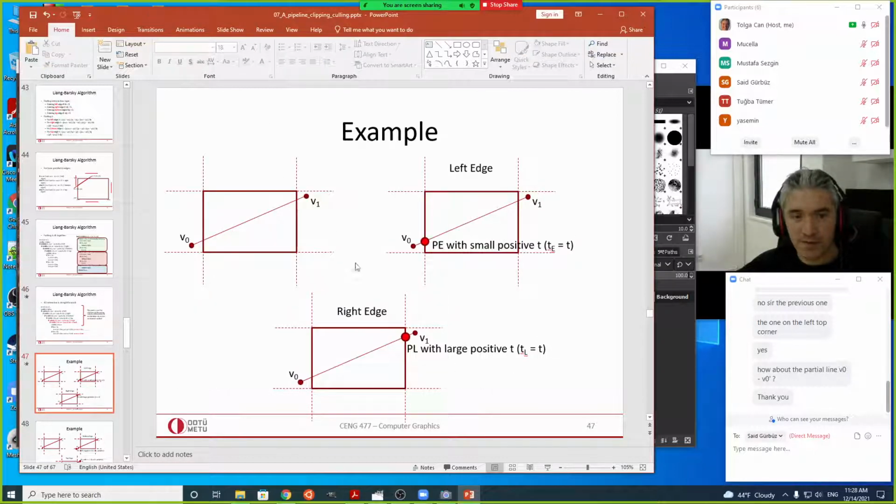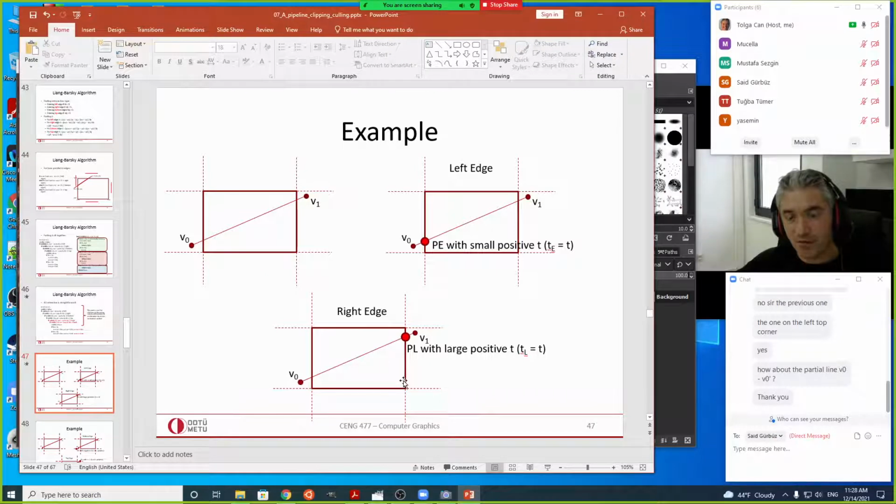And here is an example of the Liang-Barsky algorithm, V0, V1. So we start with TE and TL here. The first thing is, on the left edge, we find this intersection point, and since it's potentially entering at this point, the t value is updated and becomes this new intersection point.